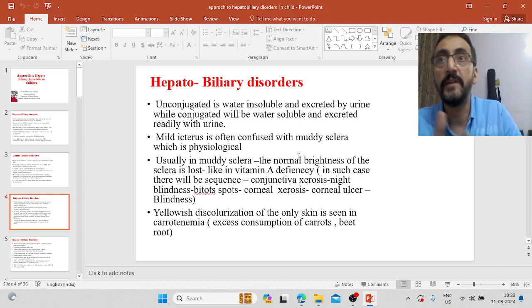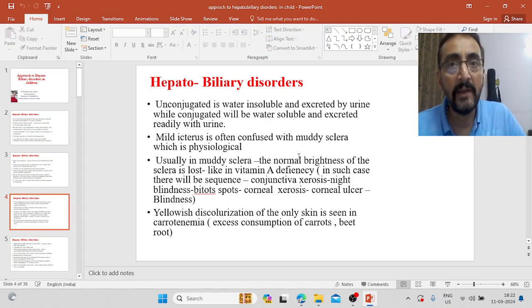So this has to be differentiated. Now we have another important differentiation: don't always overdiagnose jaundice. Even muddy sclera gives a yellowish appearance, and therefore it has to be identified.